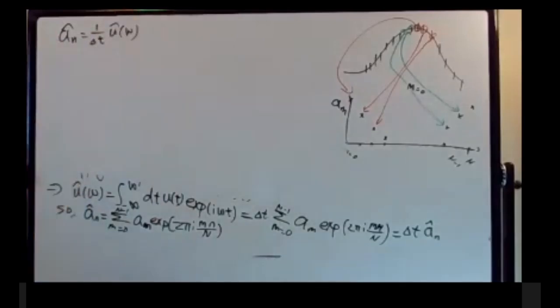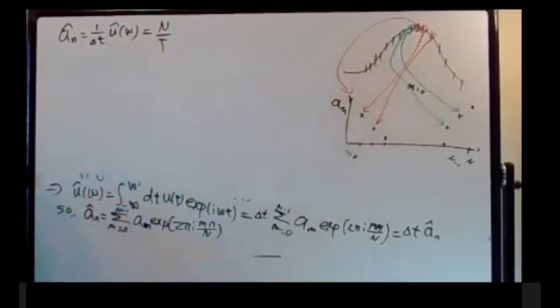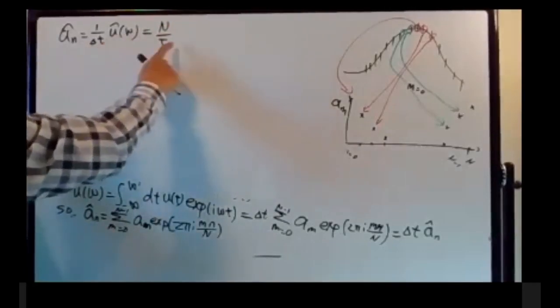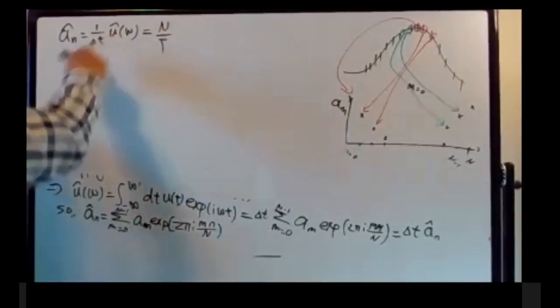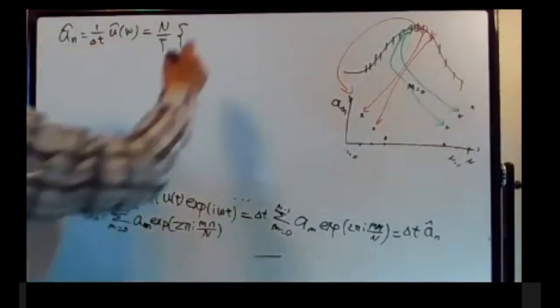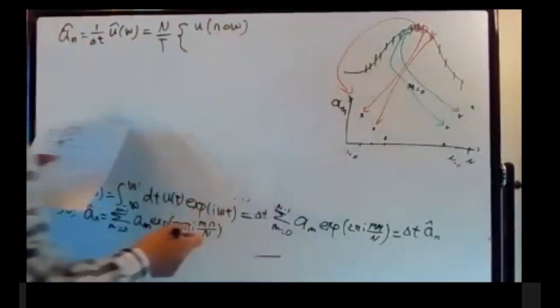So that is N over T, and delta t is T divided by N. Then how much is û(ω)? In û(ω), what we have is also û_n delta omega.